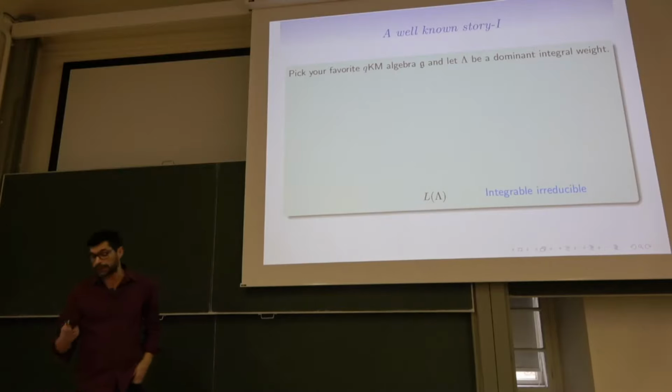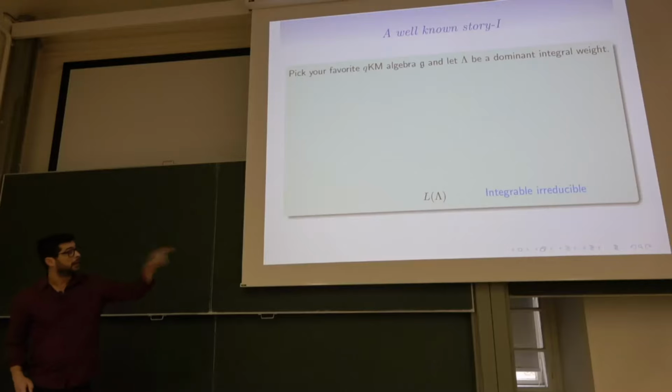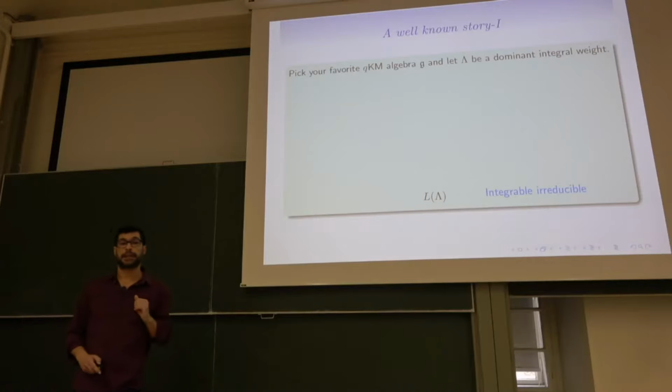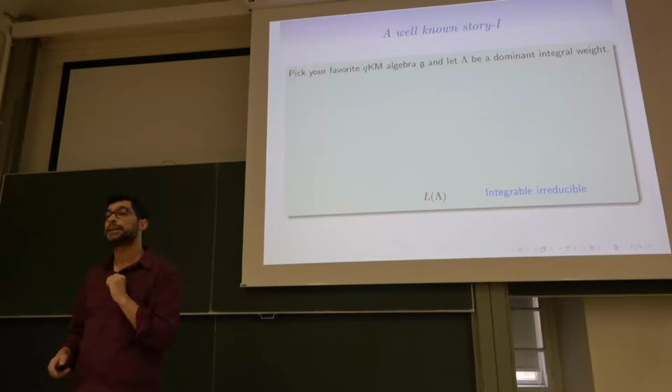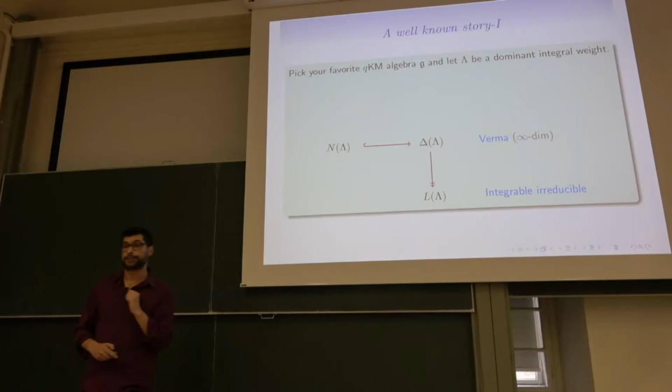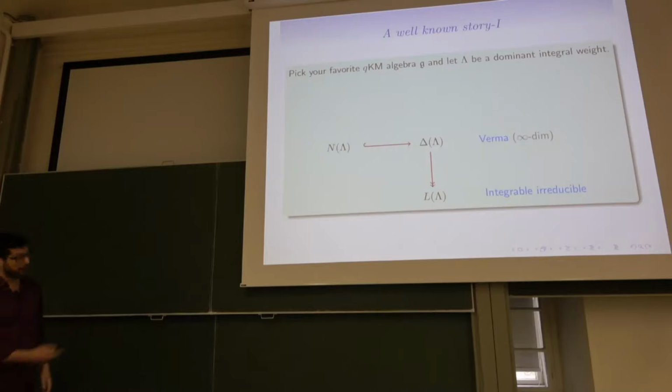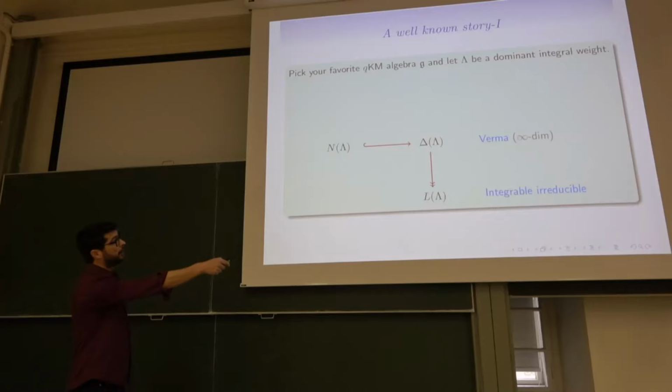It's known that all integrable irreducible representations can occur as quotients of Verma modules. This is a very old fact. So we have the integrable irreducible, we have your Verma with the same highest weight, and you have some kernel, which usually can be built out of other Vermas with other weights.